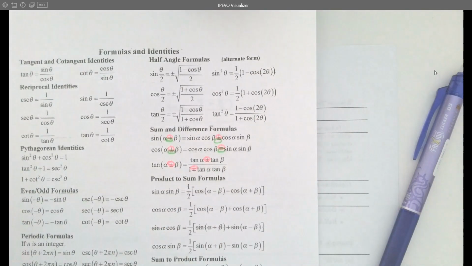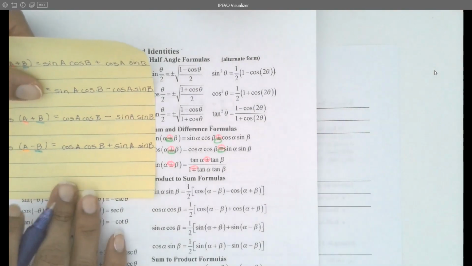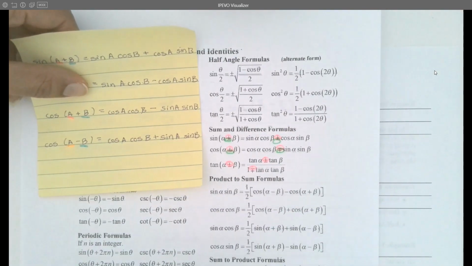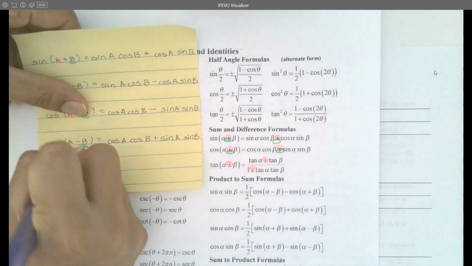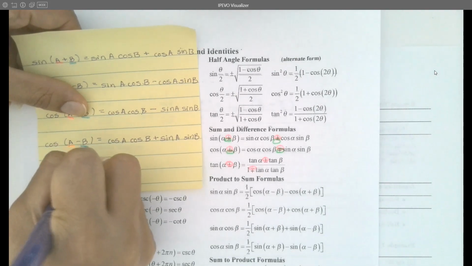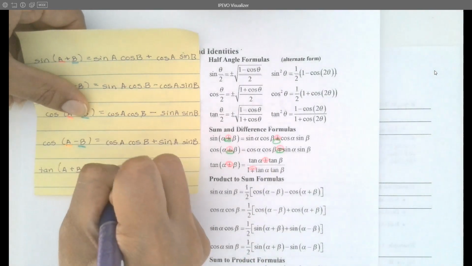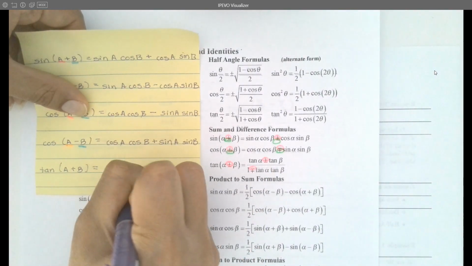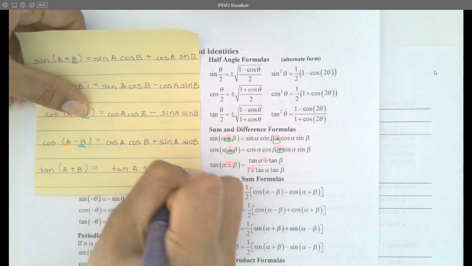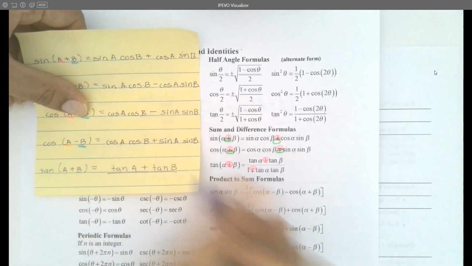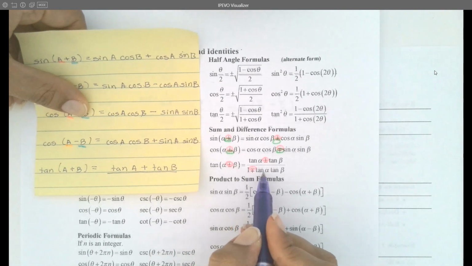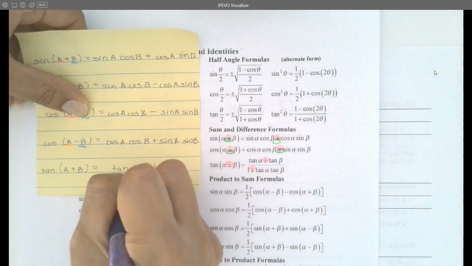So let's write it here on our sticky note. We'll have tangent of a plus b is equal to, in the numerator, tangent of a plus tangent of b, over 1 minus tangent of a tangent of b.